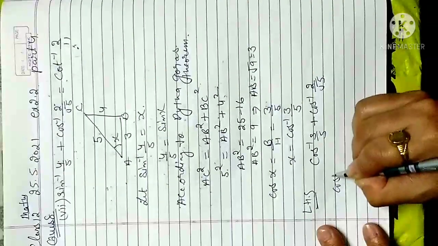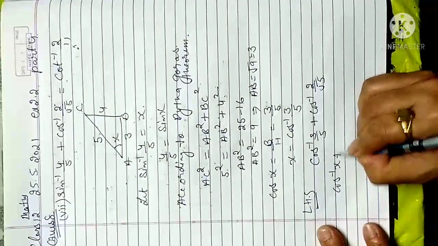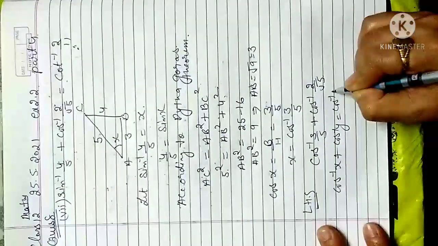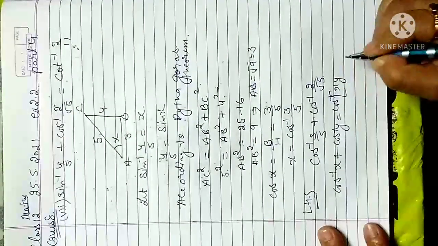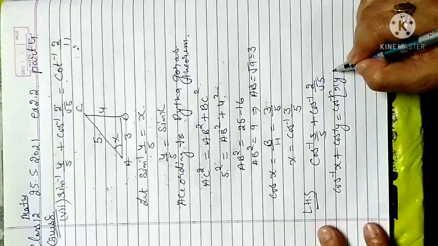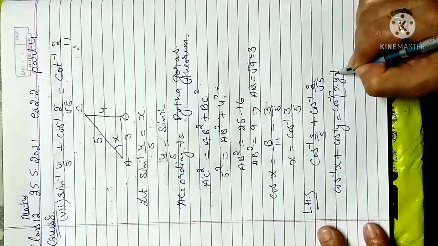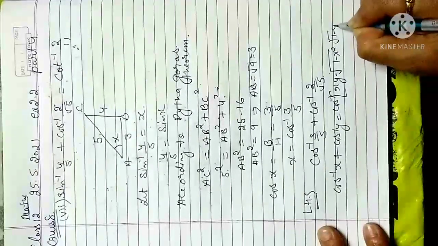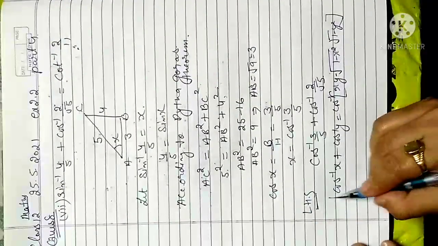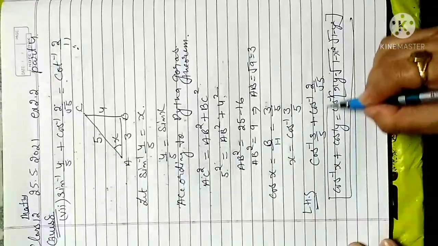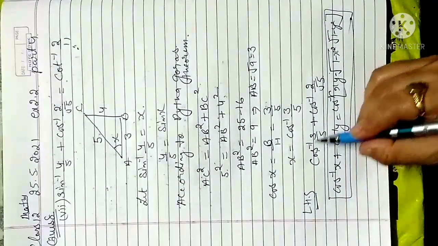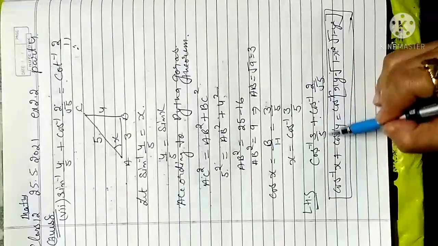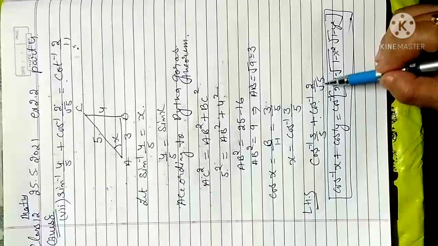That is cos inverse x plus cos inverse y is equal to cos inverse of xy minus root of 1 minus x square and 1 minus y square. So I am going to use this formula in place of this cos inverse x plus cos inverse y. So x is 3 by 5 and y is 2 by root 5.